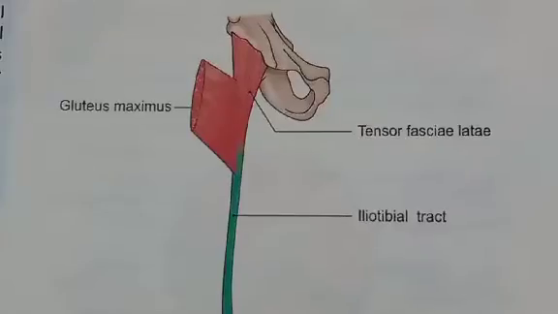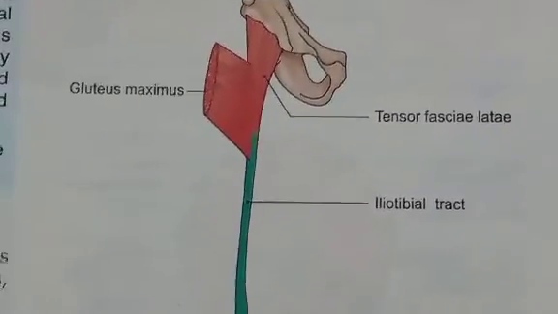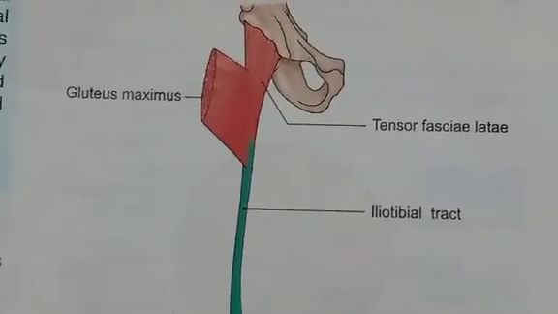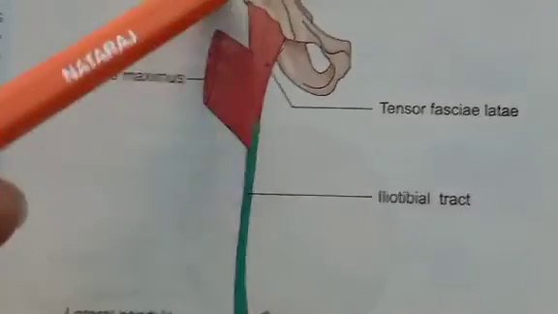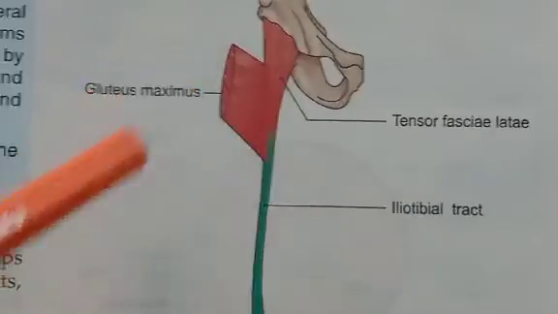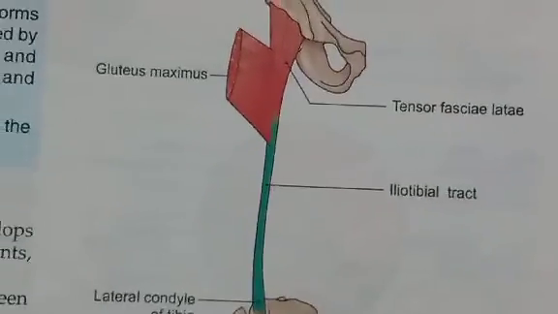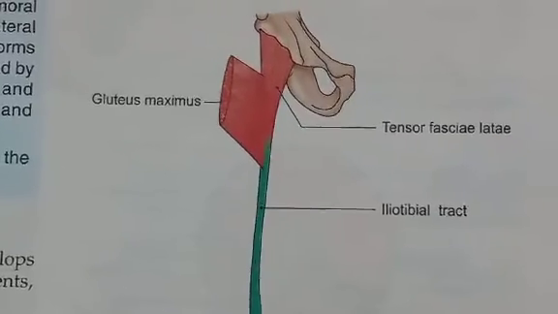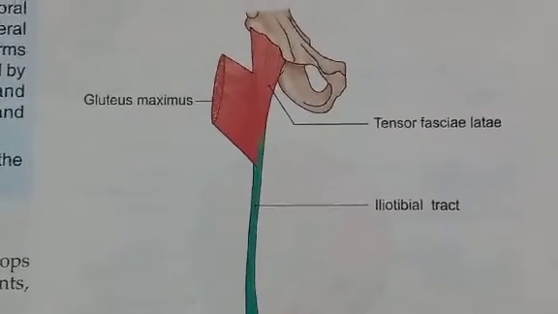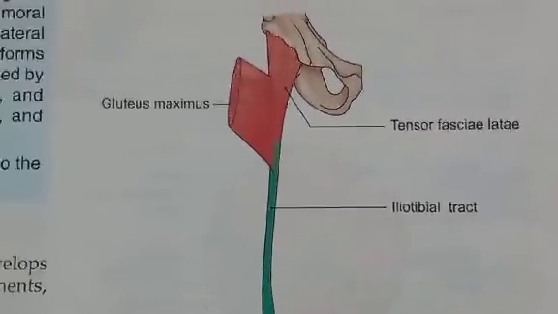This is a diagram of the fascia and the iliotibial tract. These are the two bands which are present, and they provide attachment to the muscles, tensor fascia lata and gluteus maximus.